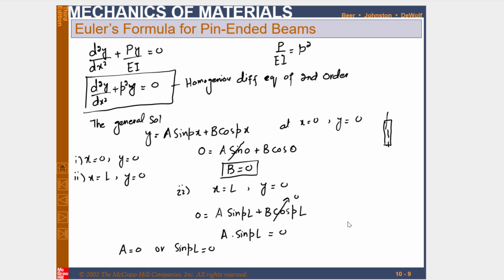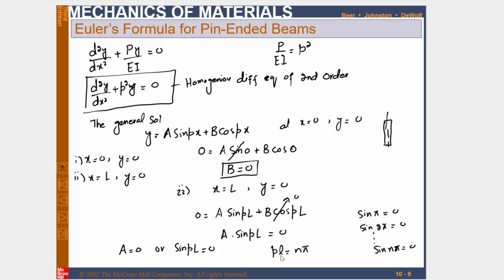You know that sine of pi is equal to 0, and sine of 2 pi is equal to 0. So generally, sine of n pi is equal to 0. So this is only possible when pL is equal to n into pi.